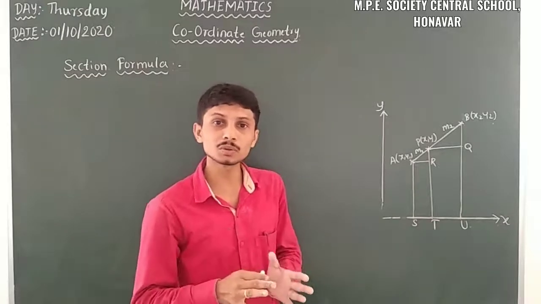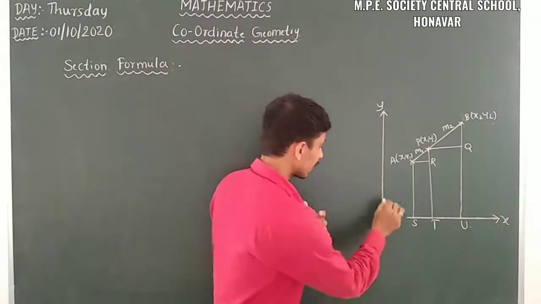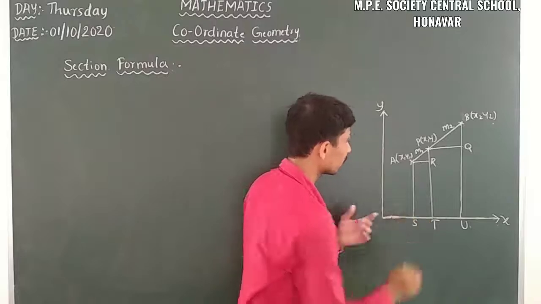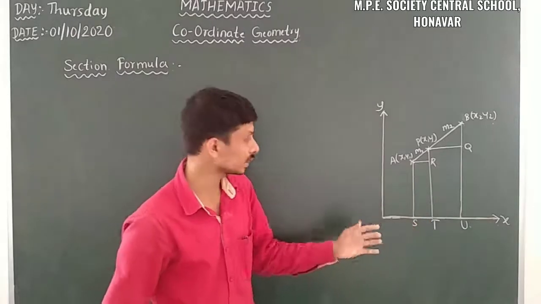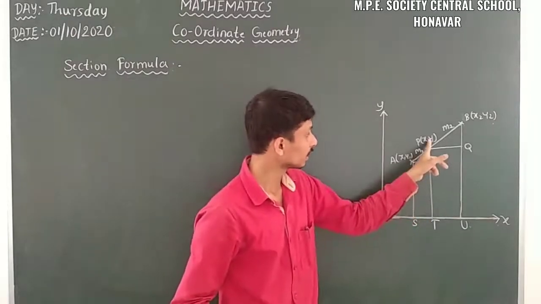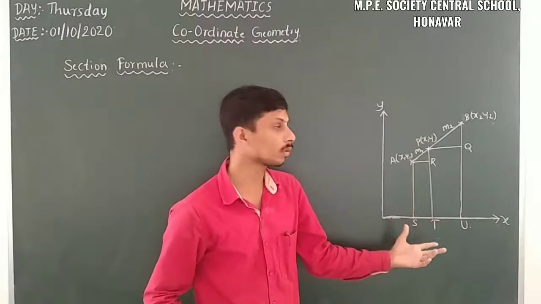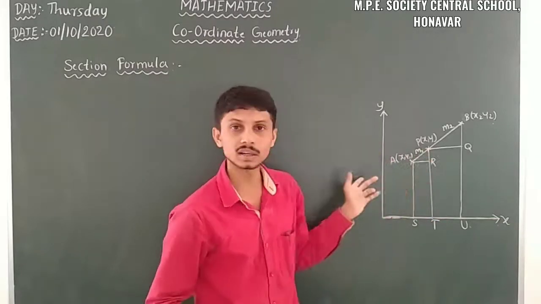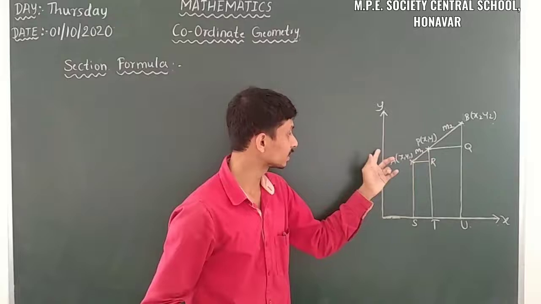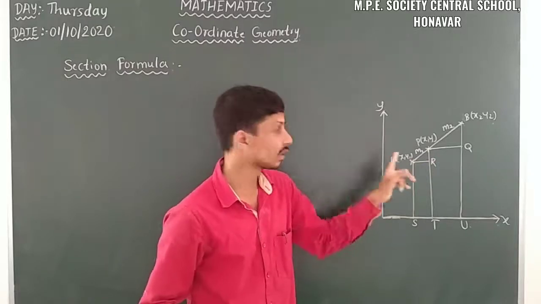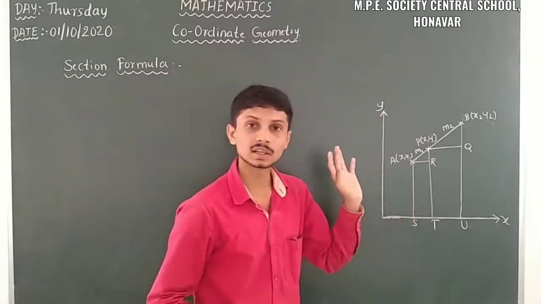After that we have to take the distances along the x-axis and y-axis. For P of (x, y), the distance is x comma y. Here this whole distance is y, and up to this point we have x.